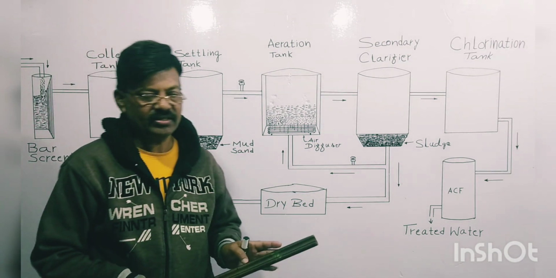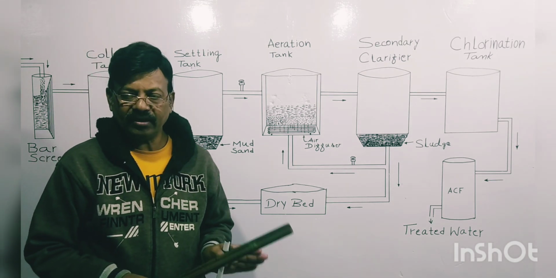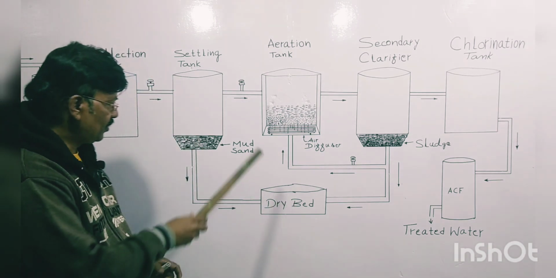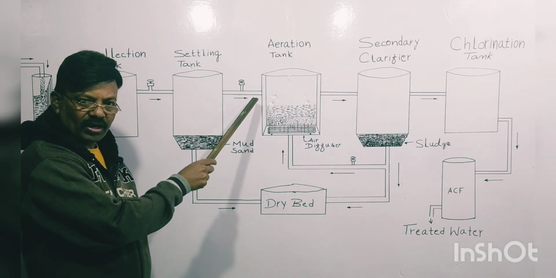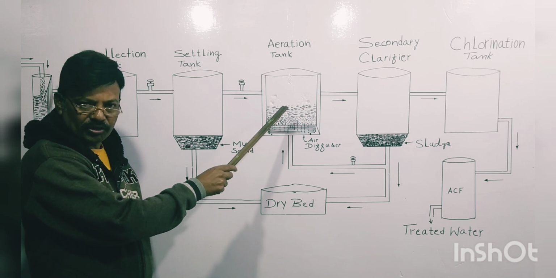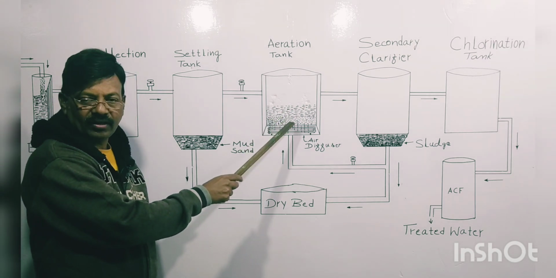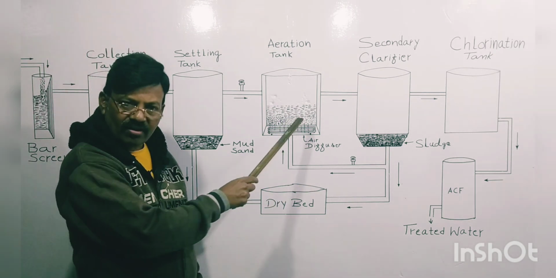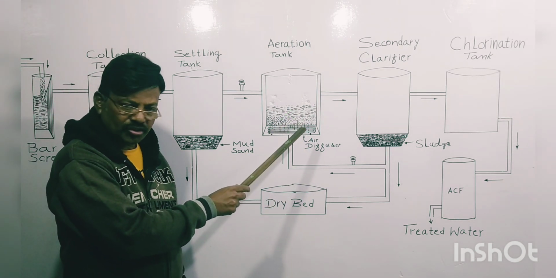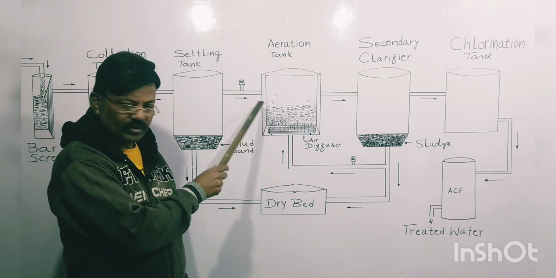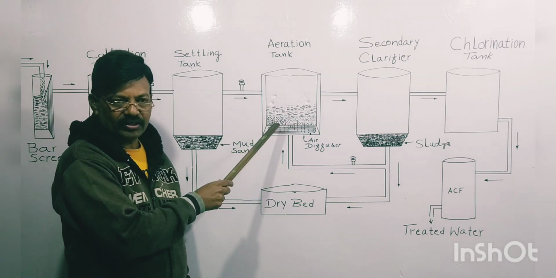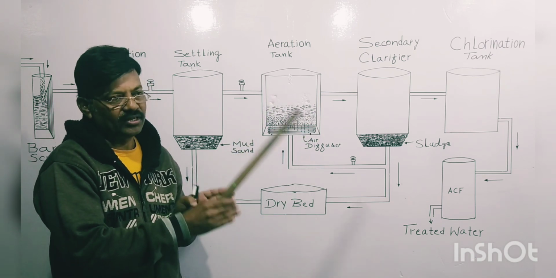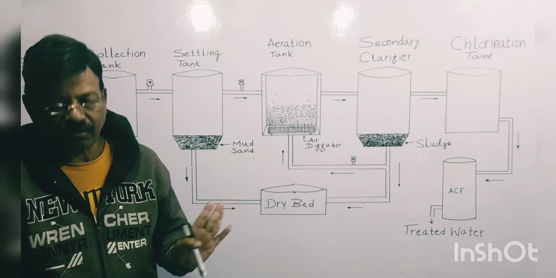In spite of this, if you are getting any issues, then you will have to check whether the food available in the sewage water is sufficient for the bacteria, or the amount of bacteria is sufficient to consume the incoming food in the sewage water. If we check and adjust that, there will be no problem at all.